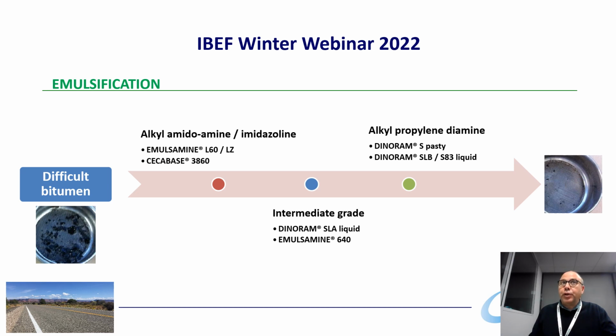The historical product from this family is the famous Dynoram S and its liquid version, the S83. On the other side, the imidazoline family provides rapid setting emulsions, but those emulsifiers are more sensitive to bitumen quality. Some intermediate grades are also available for intermediate behavior.